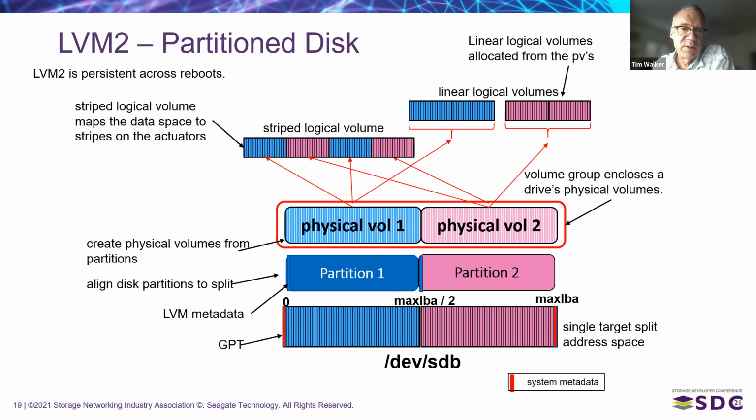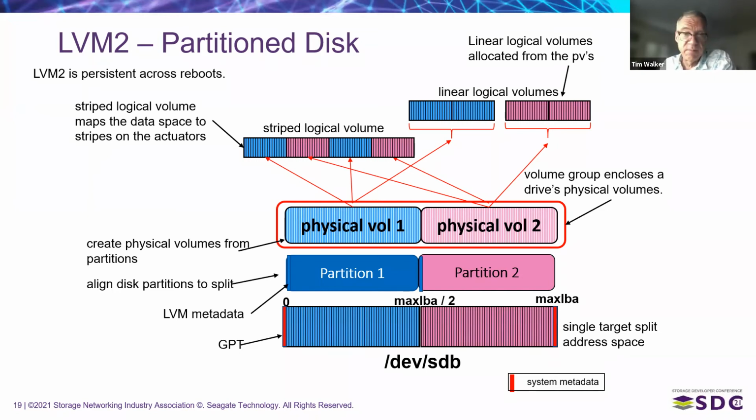LVM2 really is the Swiss Army knife of managing storage. With a single target, split LBA approach, where half the address space is to one actuator and half is to the other, LVM2 gives us everything we need to set up any kind of storage arrangement above it.